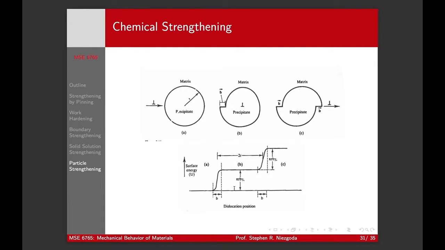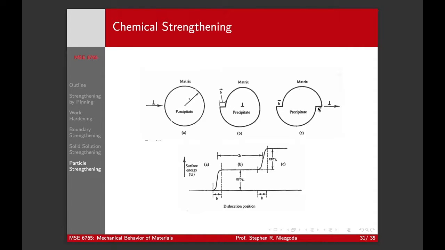Okay? There's other types of particle effects we can get when you cut through a particle. The dislocation is bowed around, it cuts in, it creates a step on the surface of this previously spherical particle. And when it cuts out, it creates another step here.